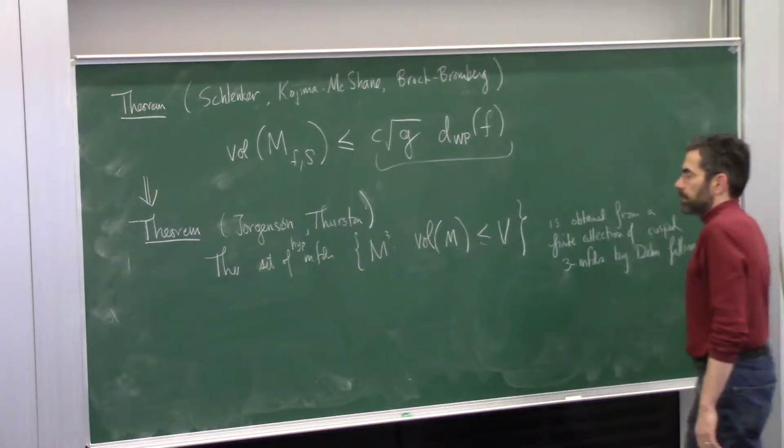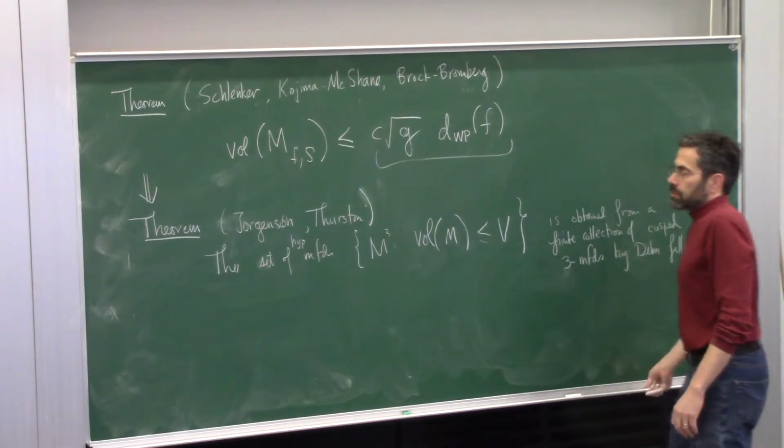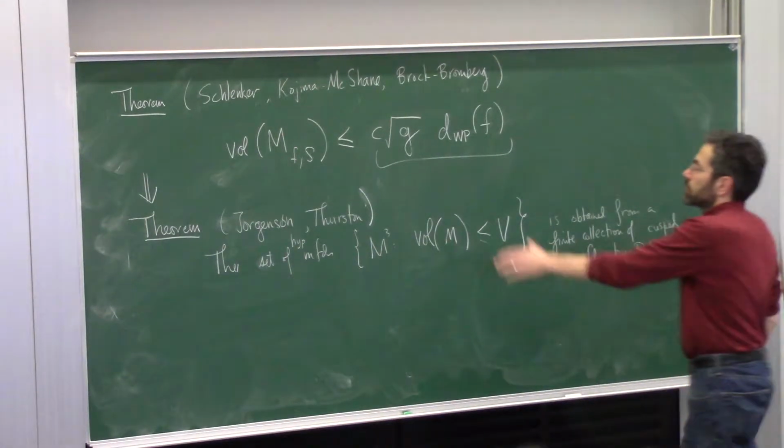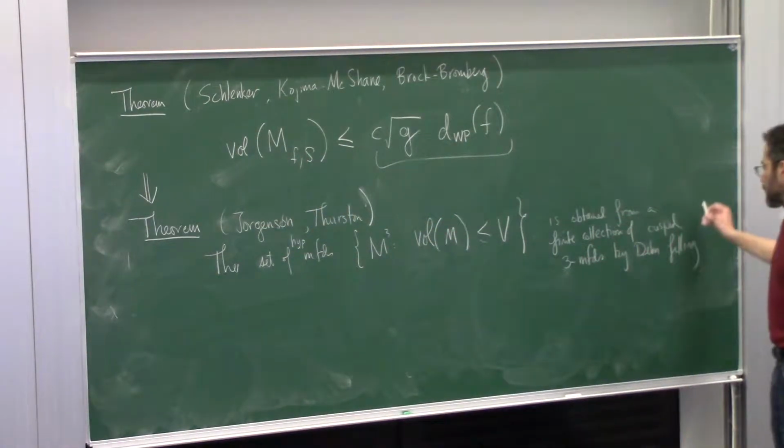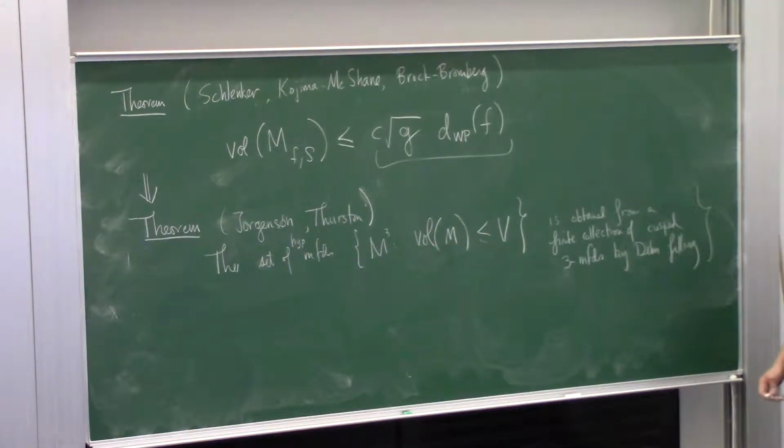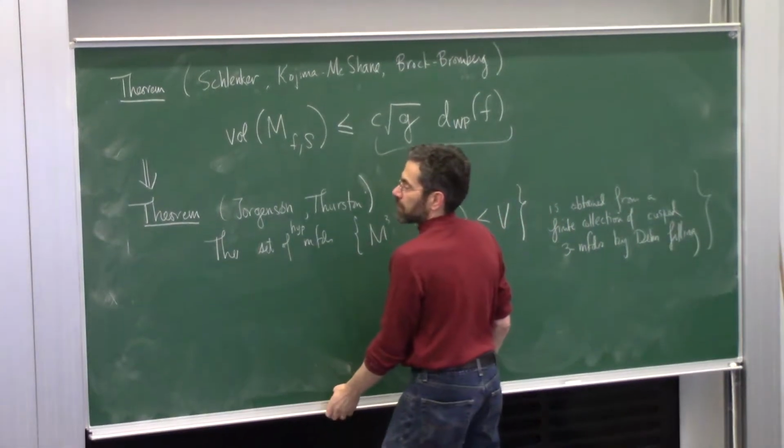So we start with this condition, we get a bound on the volume, and then we use Jorgensen-Thurston to restrict ourselves to a finite collection of cusped three manifolds. So that's it. Except that you have to now resolve the following question.